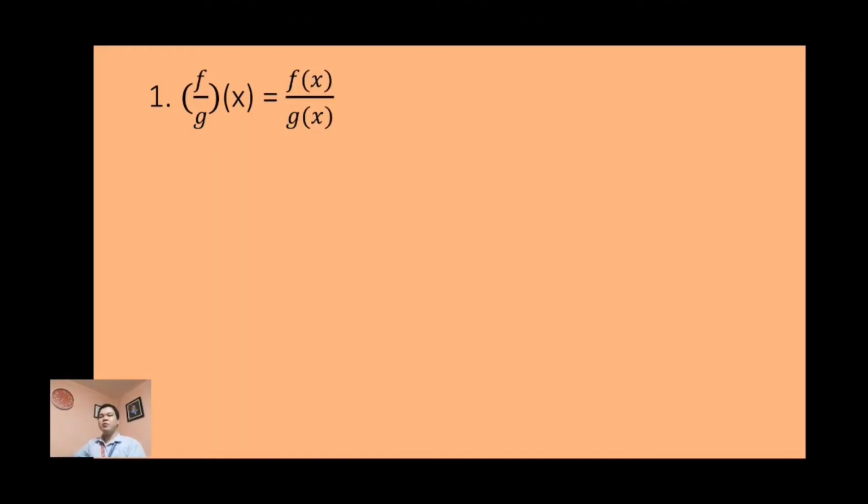For example number 1, we have the quantity of f divided by g of x is equal to f of x divided by g of x. So let's apply the steps in dividing function. Step 1, substitute the value of function to the equation.